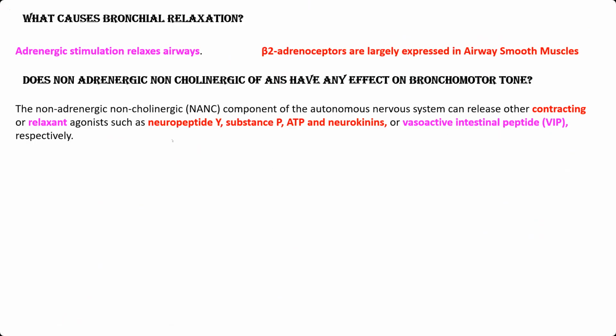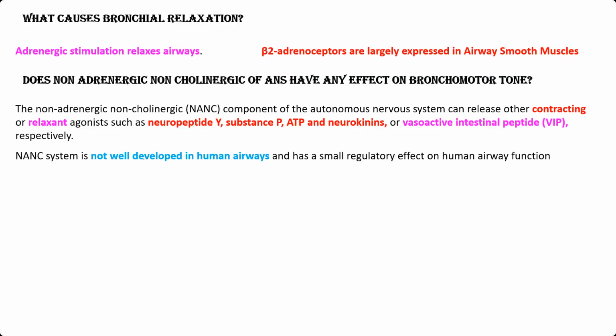These transmitter substances can cause either contraction or relaxation. There is no clear-cut demarcation like parasympathetic and sympathetic. But this is not well developed in human airways, and that is the reason why they are not very much dealt with or given importance in our day-to-day usage.